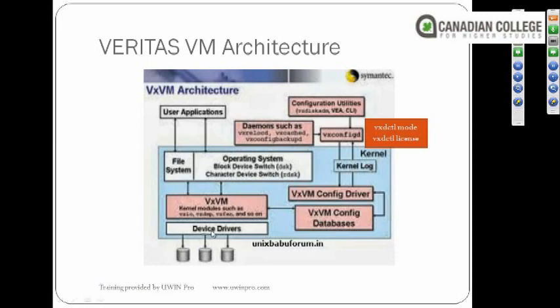Then I should have device drivers so that volume management can talk to the hard drive. How can volume management talk to the hard drive if there are no drivers? That component can most probably come from the operating system. Then I have block devices, character devices, then daemons. These are the different daemons.